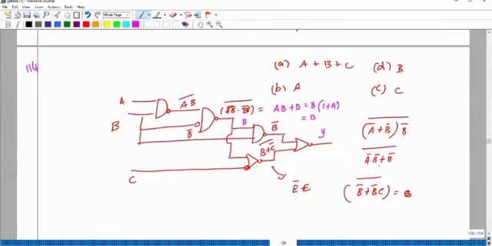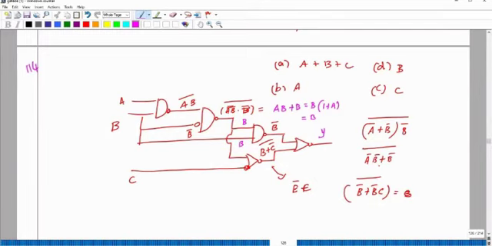So this is B means this is B plus C bar the whole bar. And if this is B, this is also B. So B into B is B. So it is B bar. So this I can write like this: B bar C. Okay.